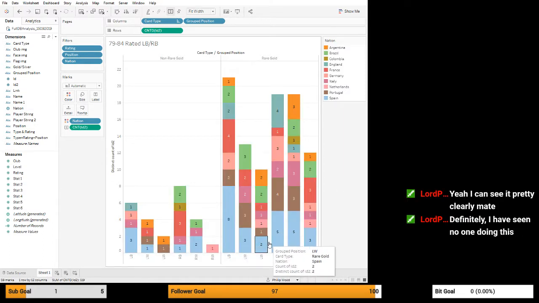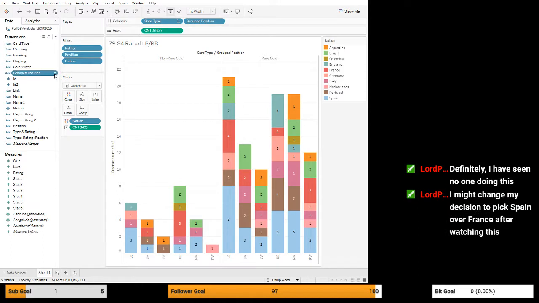So we can say, right, so actually let's group. Oh, thanks, mate, yeah. It's a bit complex, isn't it? That's the only thing.